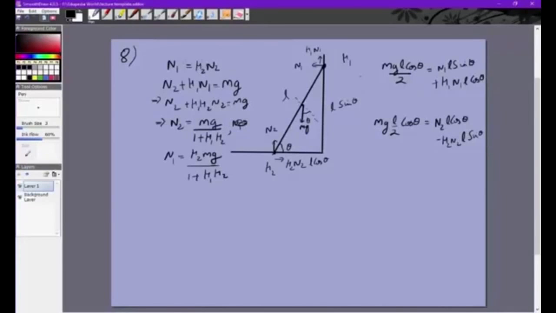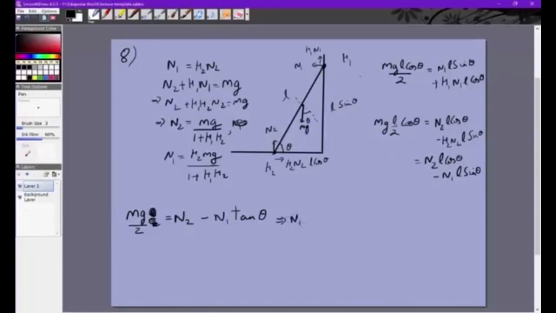And mu2 N2 we can directly write as N1. So this is N2 L cos theta minus N1 L sin theta. We divide this whole equation by cos theta, and L cancels, so Mg by 2 is equal to N2 minus N1 tan theta.